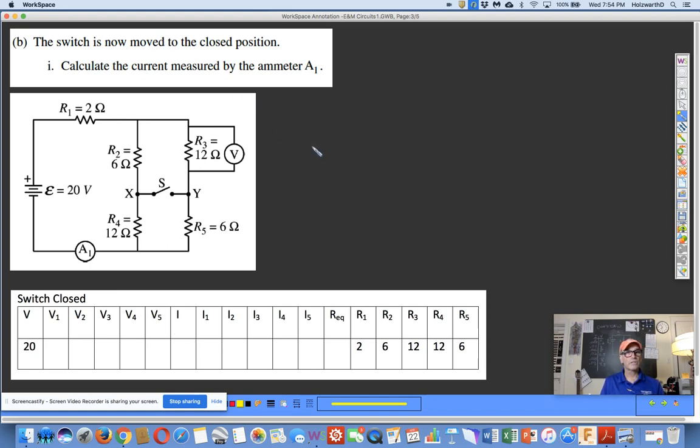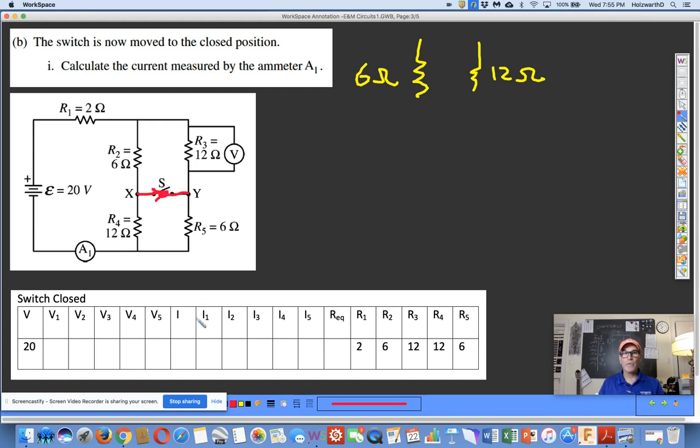Okay, we're going to close this switch. What happens? Well, I'm going to diagram something to give you a little sense of what goes on. What I'm drawing here is that 6 ohm resistor R2, and then alongside it is that 12 ohm resistor R3. Now, notice that when that switch is closed, you might as well just squeeze that point over there and join them up.